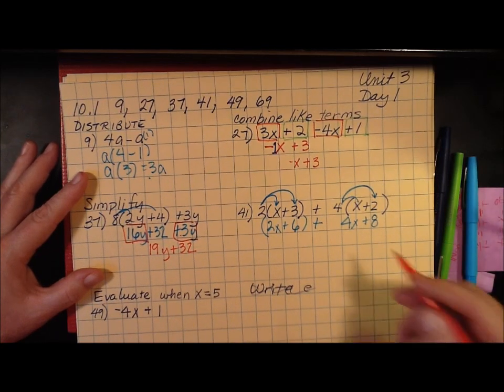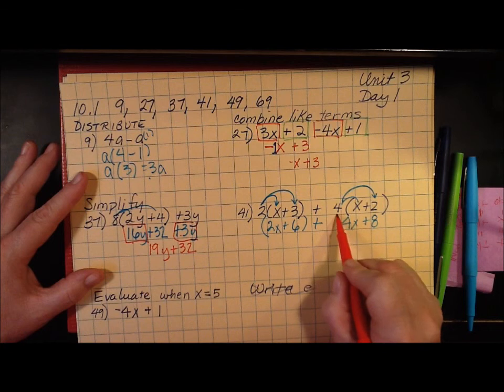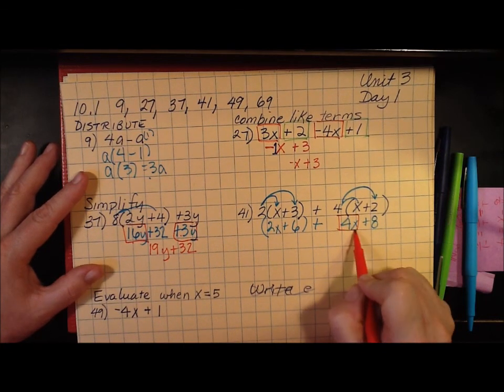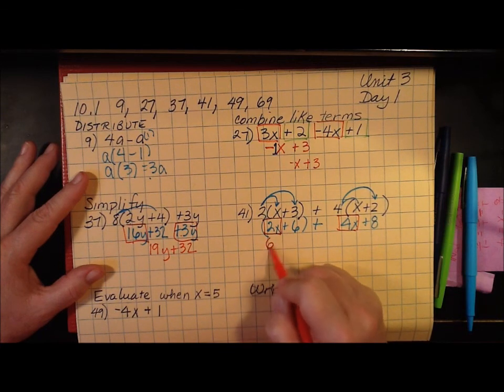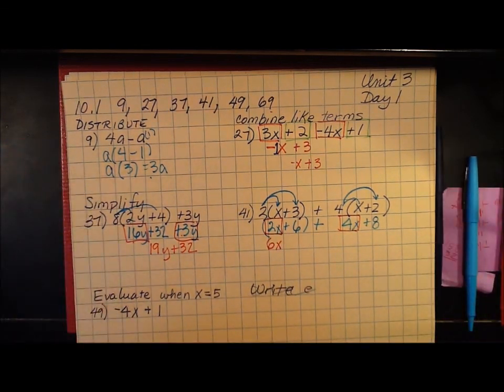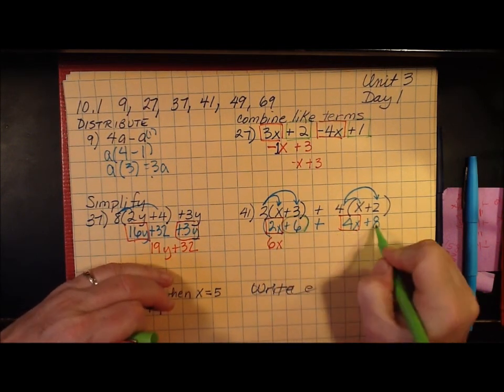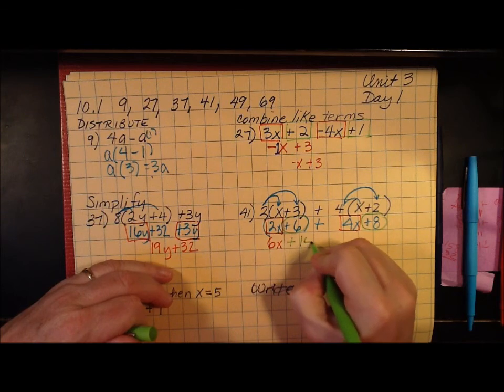Now I want to look for things that match, and I can do this because I have an addition sign here, so this is just one big addition problem. There's 4x, there's 2x, that gives me 6x, and here's positive 6 and positive 8, that gives me positive 14.